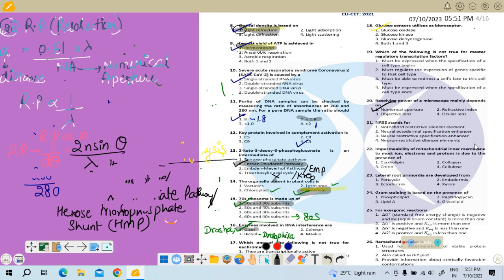Okay, then NRSE stands for notochord restrictive silencer element, neural ectodermal specification enhancer, neurorestrictive specification enhancer, neuron restrictive silencer element. So here let's start with N. Here they have given notochord, neural, neuron. N is for neuron. R, restrictive, ectodermal can't be there, restrictive, then all restrictive. Then S, silencer, its silencer.